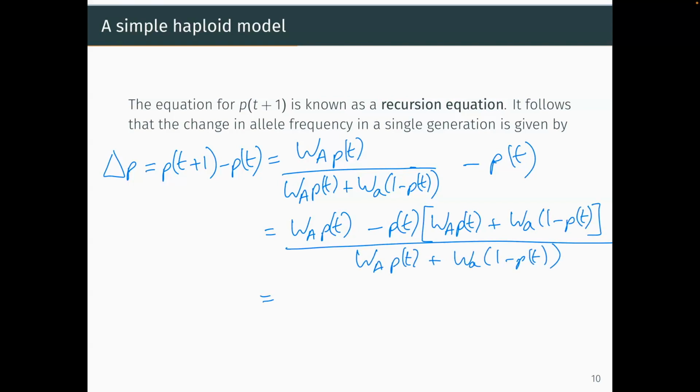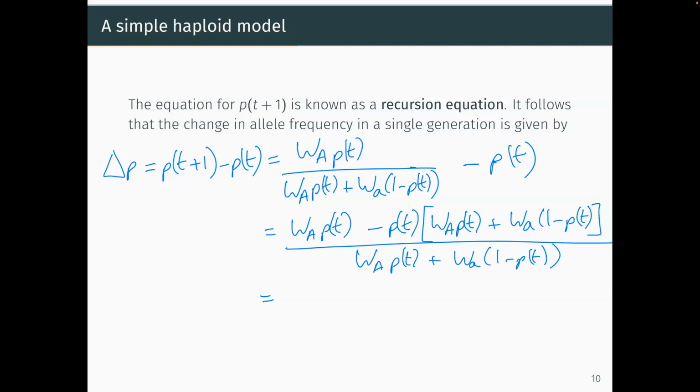We can gather our terms. We can expand this and then refactorize it if you like. So what are we going to have here? We're going to have W sub capital A times P of T. So we've got something linear in P of T there. We're going to have a P of T squared here. We have another P of T squared here. And both of those P of T squareds are going to be multiplied by our absolute fitnesses.